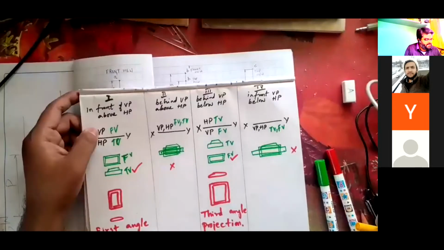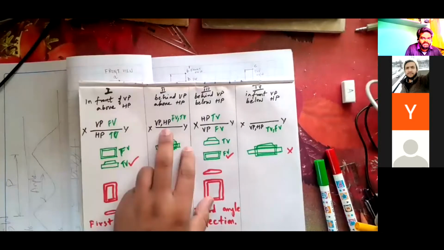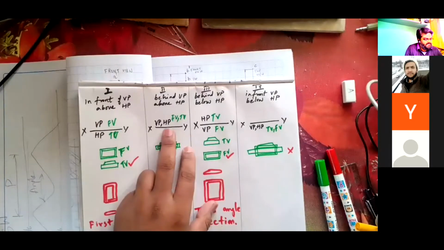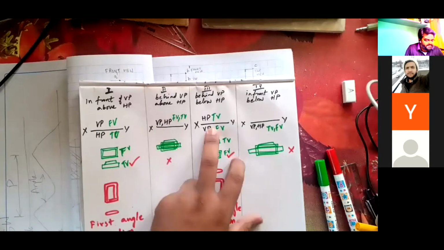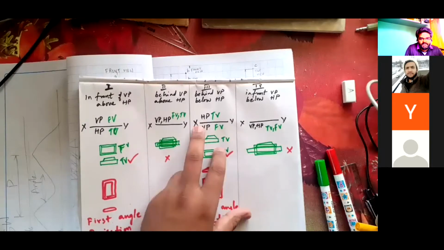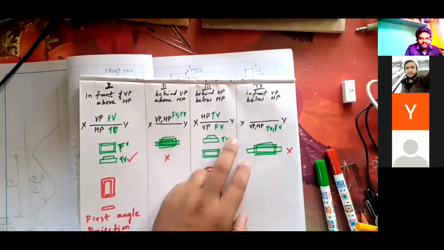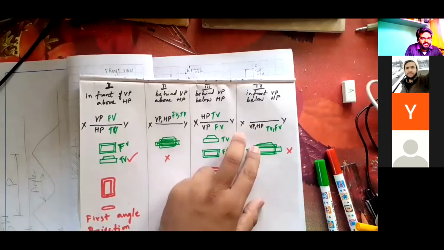Same way, if you rotate in second quadrant, both the planes will be above XY line. Same way in third quadrant, if you rotate the horizontal plane, then horizontal plane will come above XY line and vertical plane will come below XY line. And similarly, in fourth quadrant, below XY line, both vertical plane and horizontal plane will coincide.